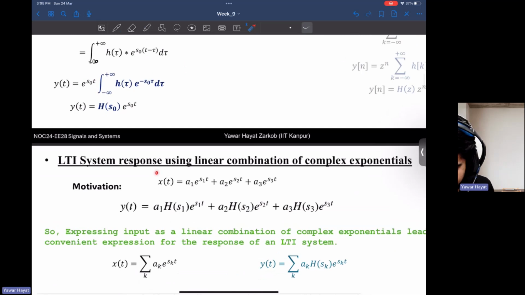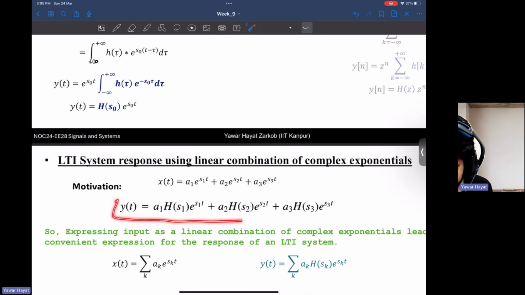For example, if I have input x of t that is a1 e to the power s1 t plus a2 e to the power s2 t plus a3 e to the power s3 t, just an example in which our input was made up of three complex exponentials.